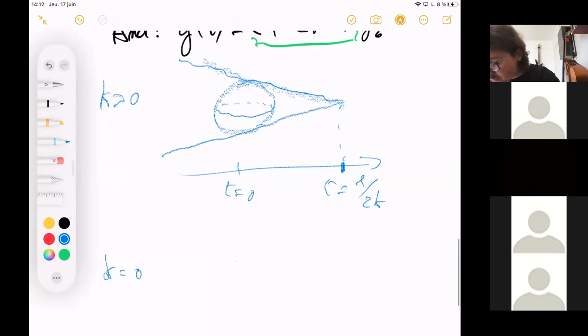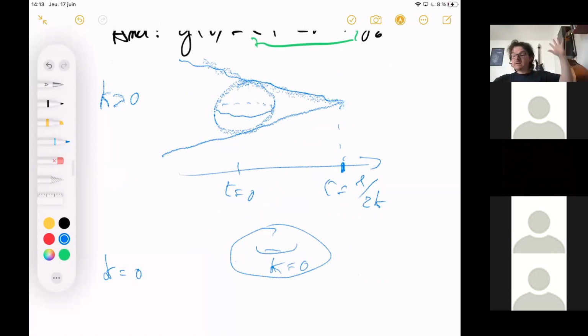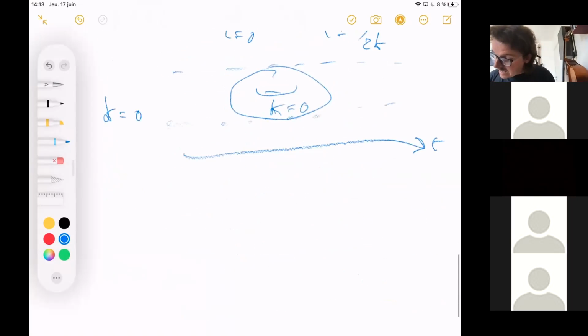So if k equals 0, we already knew what was happening. Let's think of a torus with a flat metric. Then it doesn't move by the Ricci flow. And if k is negative, let's think, for instance, of a hyperbolic surface with constant curvature -1.